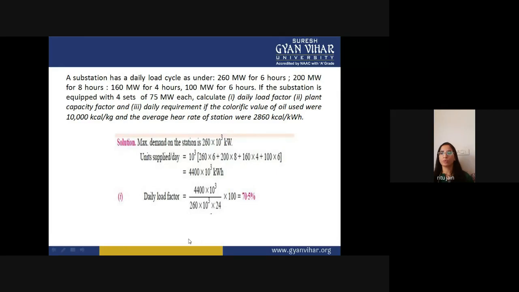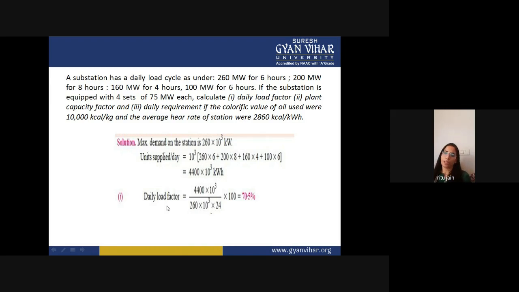Units supplied per day is 260 into 6 plus 200 into 8, plus 160 into 4, plus 100 into 6. So you will get 4,400 into 10 to the power 3 kilowatt hour. This is the units supplied per day.